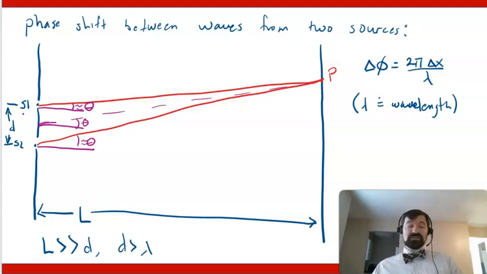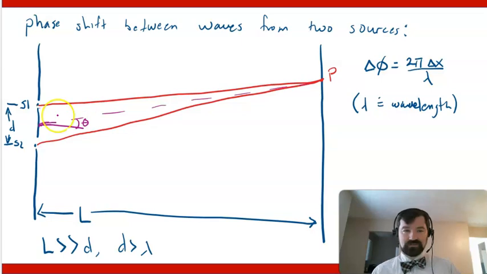Okay, the significance of that is that if I want to figure out the difference in path length, what I'm going to do is redraw. To get the difference in path length, we draw a line that is perpendicular to our two red lines, our two paths that are being taken by the light.